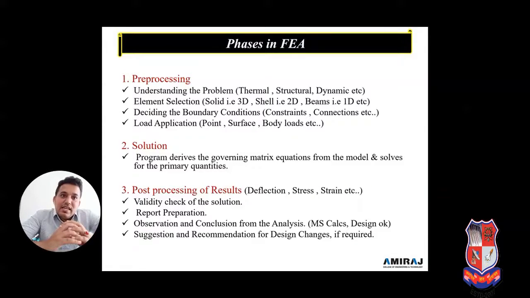Then deciding the boundary conditions, as different boundary conditions are there in the meshing type. Another thing is load application, which can be a point load, surface load or a body load.